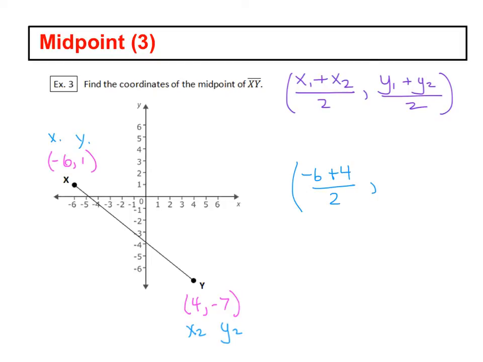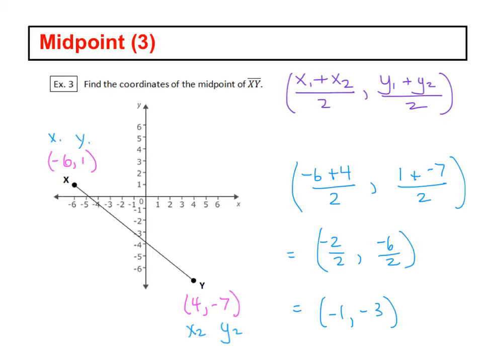And then do the same thing with the y's, y1 plus y2, so 1 plus a -7 and divide it by 2, equals -6 plus 4 is -2 over 2, 1 plus -7 is -6 over 2, and then that's -1, -3 when we simplify it. So our midpoint is -1, -3.